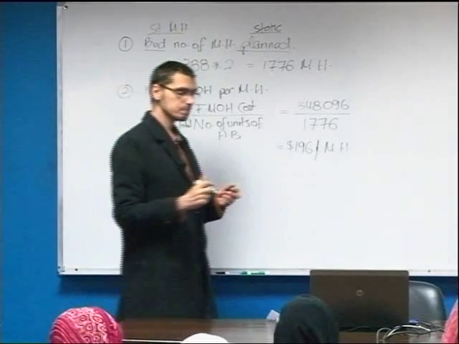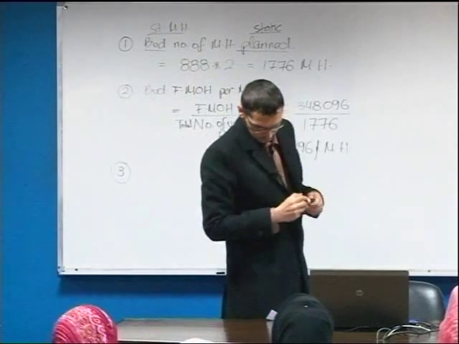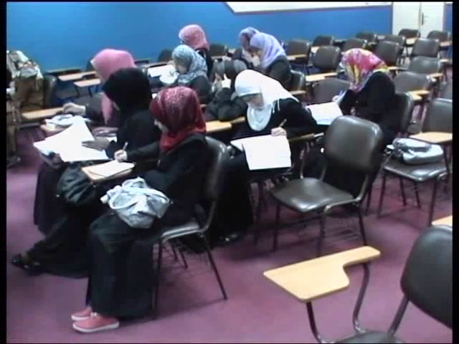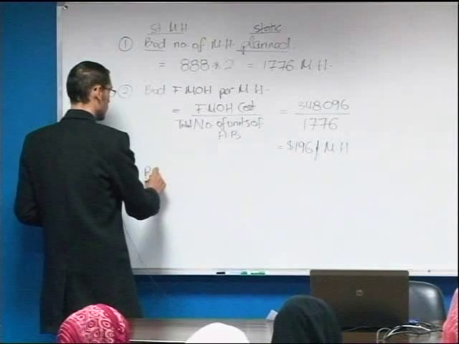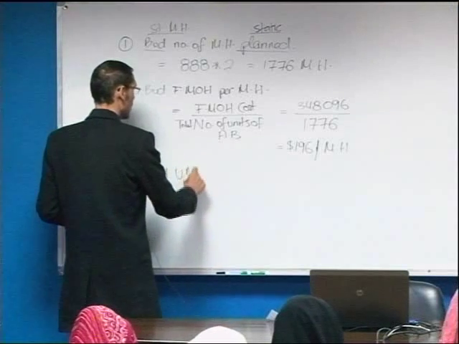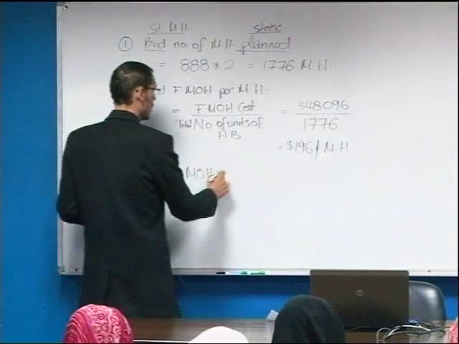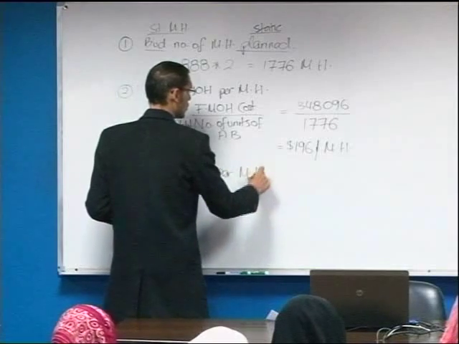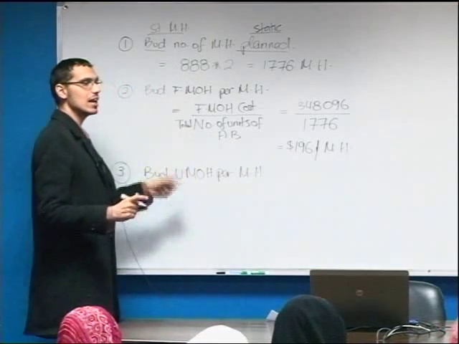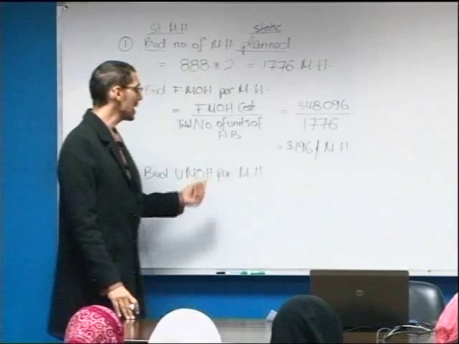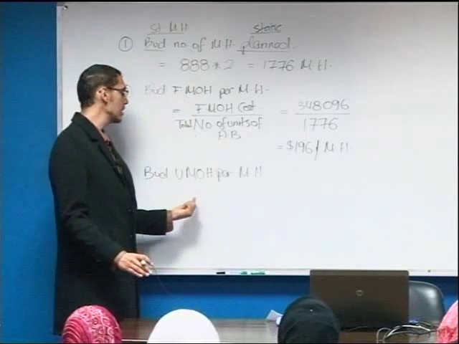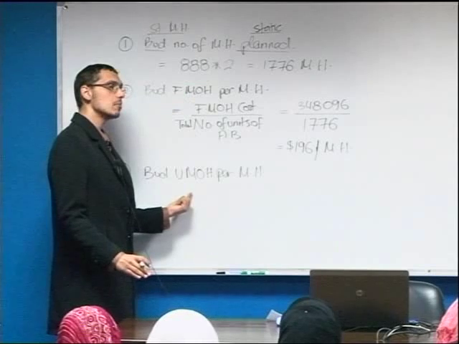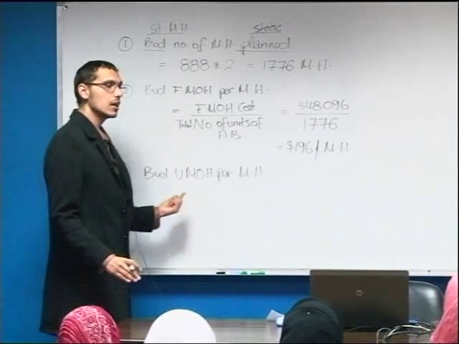Number 3. The budgeted variable manufacturing overhead cost per machine hour. Therefore, this is the rate for the variable expenses. We calculated the budgeted rate for the fixed. Now we are going to calculate the budgeted rate for the variable.